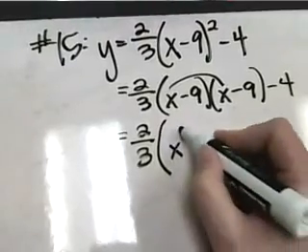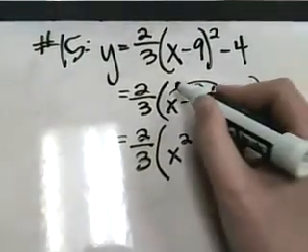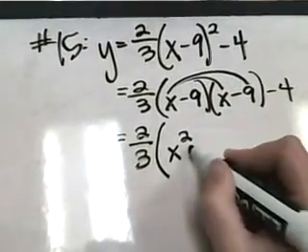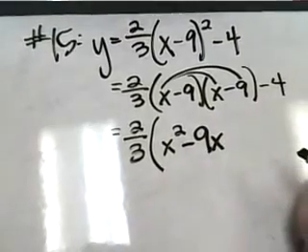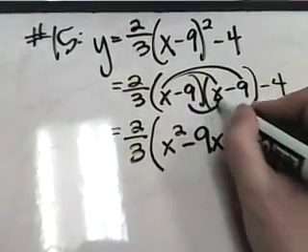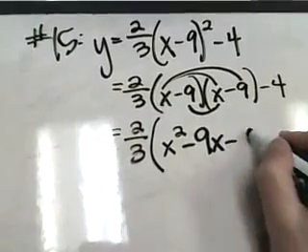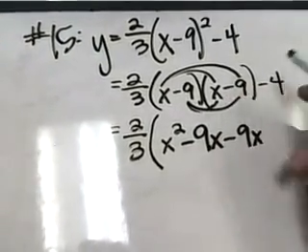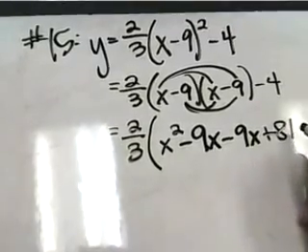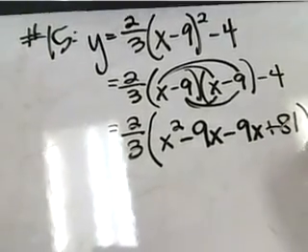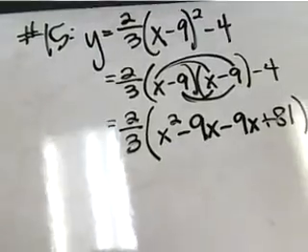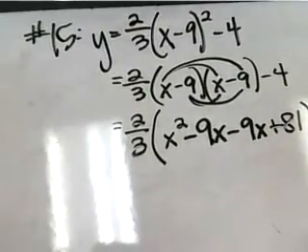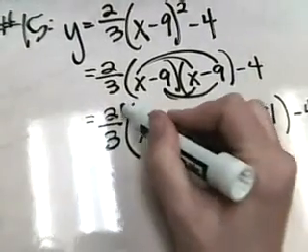First terms, x squared. Outer terms, negative 9x. Inner terms, negative 9x. Last terms, positive 81. Okay, then I can distribute this.